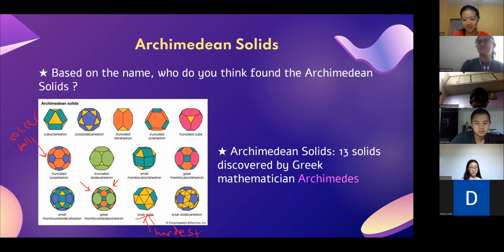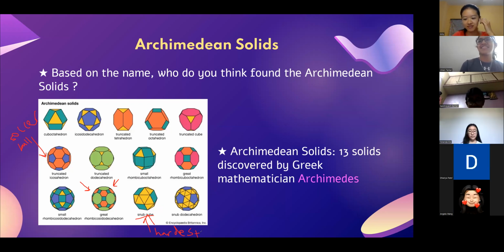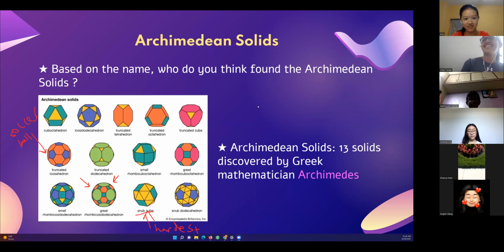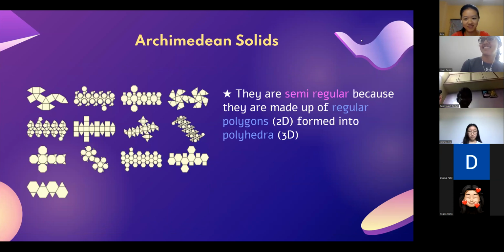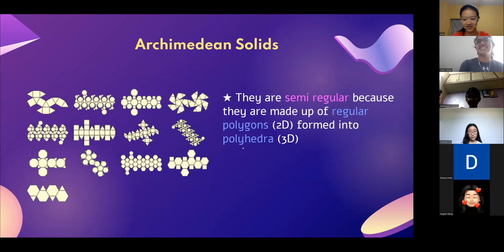Okay, but how do we find the smallest area? Okay, switch the slide. It's obviously the snub cube. Well, I can agree. You find the surface area the easiest because it's regular polygons, but I'm not exactly sure how you find the volume.